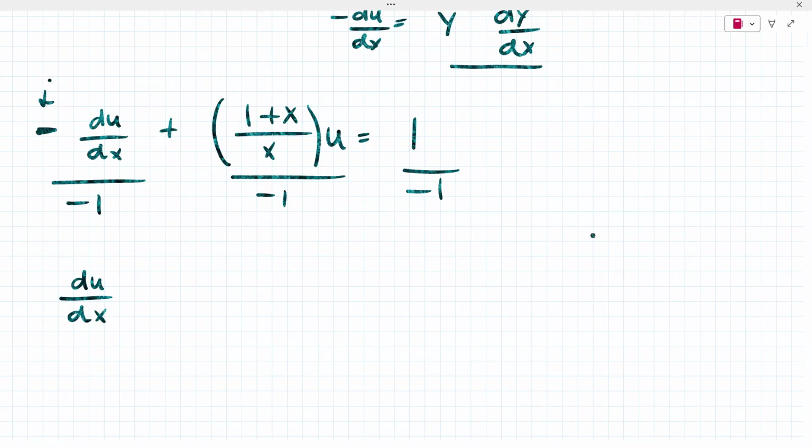Well, actually, there was a minus right here, right? That was part of the problem, and a minus and a minus is positive, and now you're just left with plus 1 plus x over x times u. And then 1 divided by negative 1 is negative 1. Now we have it in the correct linear differential form.